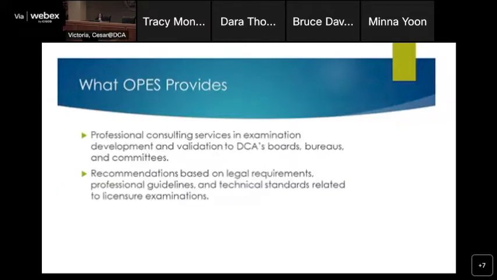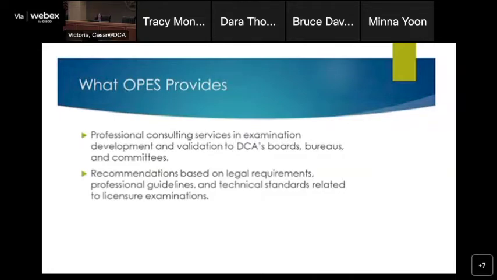So OPS, we provide professional consulting services in examination development and validation to DCA's boards, bureaus, and committees. And when we talk about development and validation activities, we're talking about making sure that these examinations follow legal requirements, professional guidelines, and technical standards related to licensure examinations.